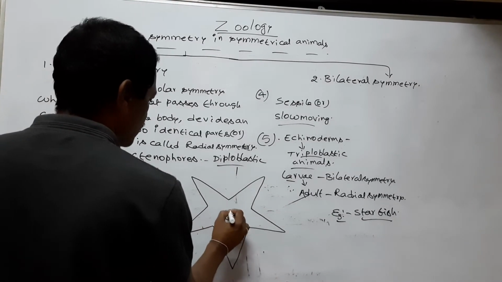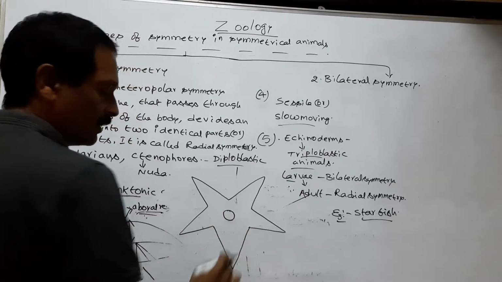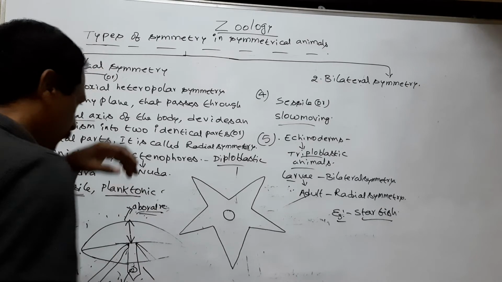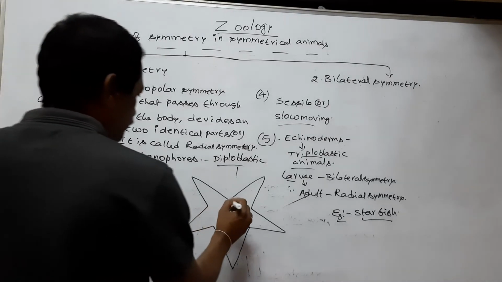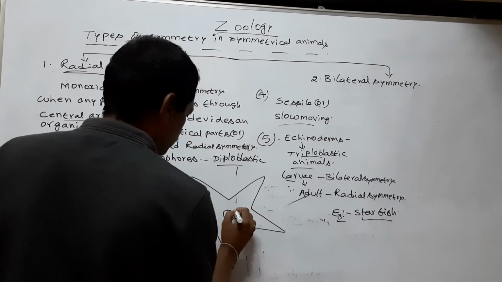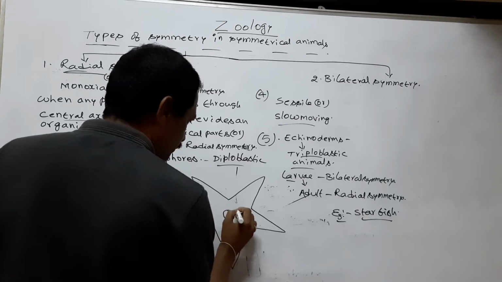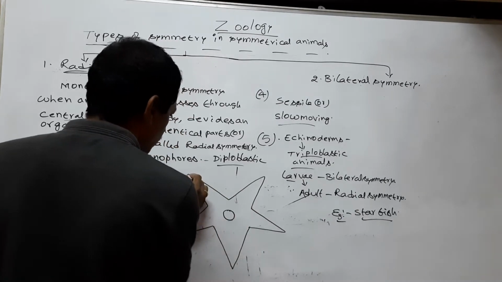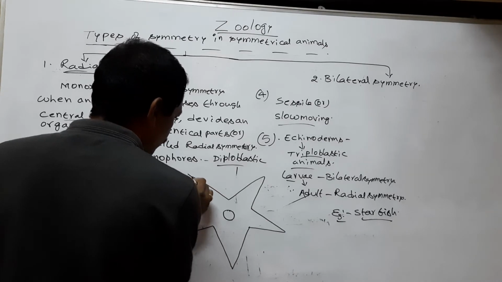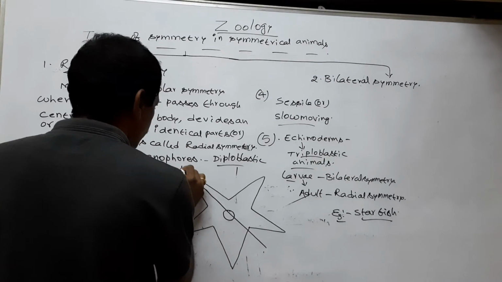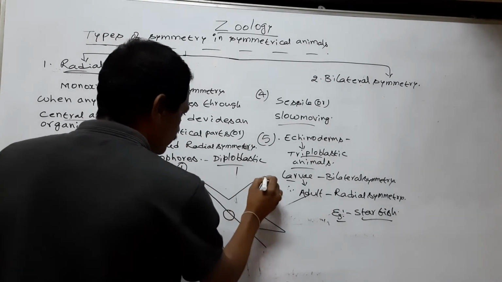Starfish possess 5 arms. So the adult starfish possess 5 planes. This is the first plane, second plane, third plane, fourth plane, fifth plane.